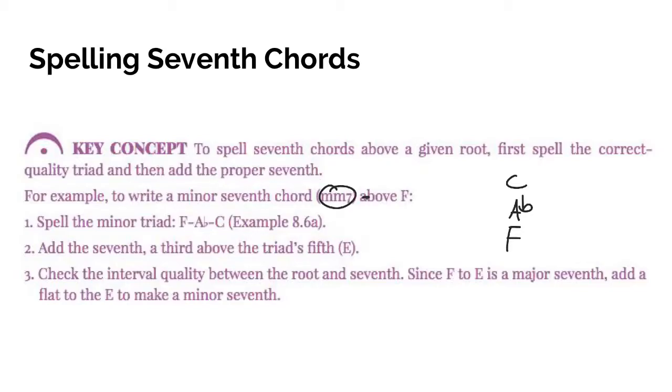A minor 7th above that would be E. To check the interval quality, you need a minor 7th. F to E is a major 7th, so you need to change that to E flat.